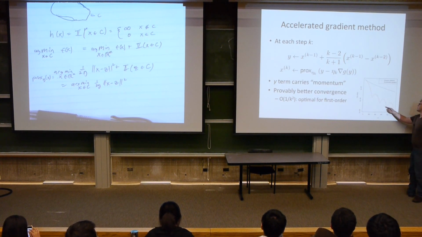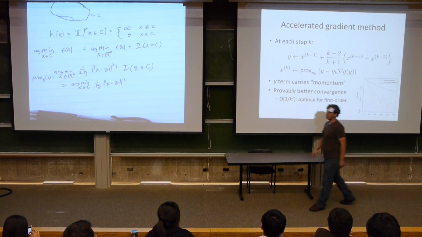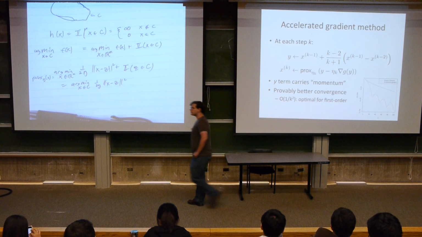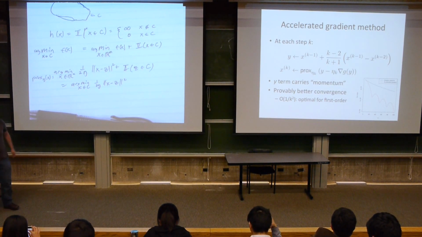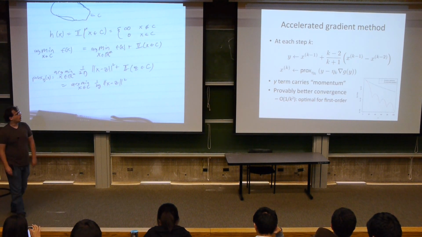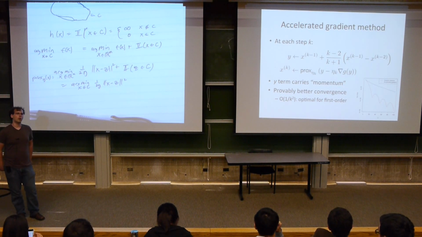So these things are sometimes called Nesterov ripples, because Nesterov is the guy who came up with this accelerated gradient method. So a lot of times, the accelerated gradient will be substantially faster in practice than regular gradient descent, and it's almost no more work. So it's worth trying.